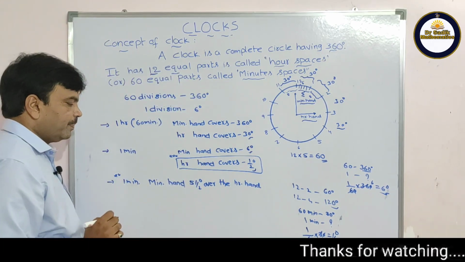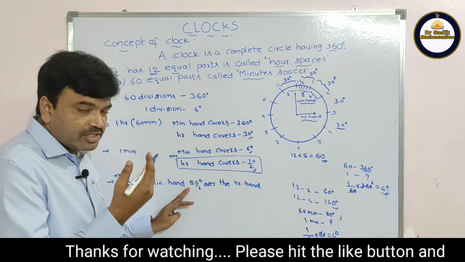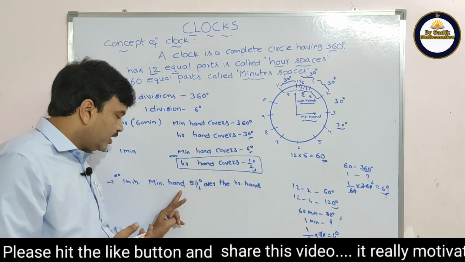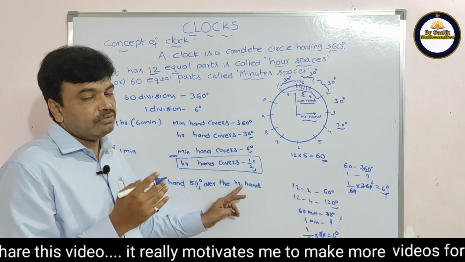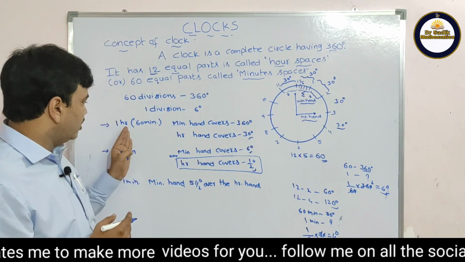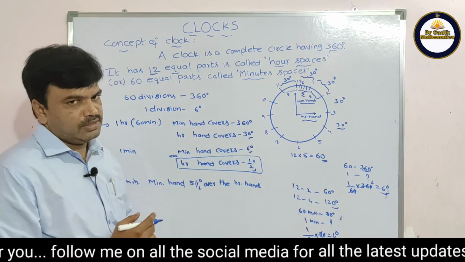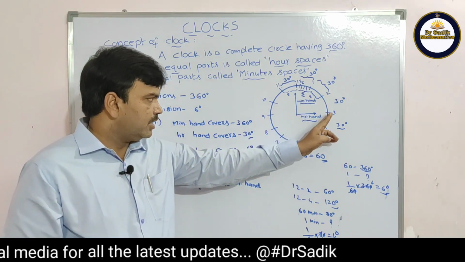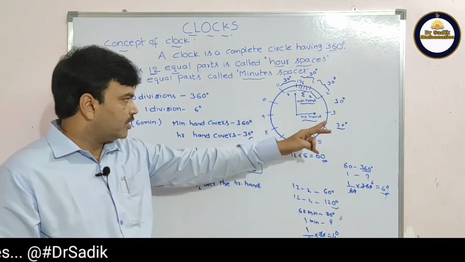Once again, friends, in 1 minute, the minute hand, I want to find the difference. So in 1 minute, the minute hand is 5.5 degrees over the hour hand. Once again, friends, in 1 hour, 60 minutes, the minute hand covers its complete rotation, so 360 degrees. The hour hand, say it is initially at 3, reaches 4 after 1 hour. So how many degrees, friends? 30 degrees.